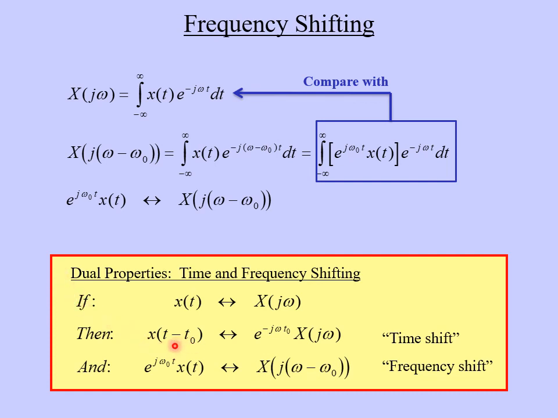We saw that a shift in time means we have a phase factor in front of the Fourier transform. Conversely, when we have a shift in frequency on the right, we have a phase factor in front of the time signal.